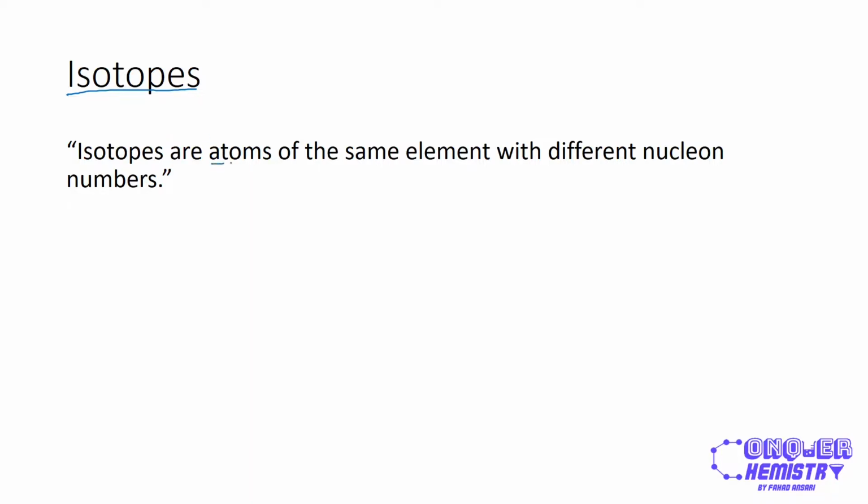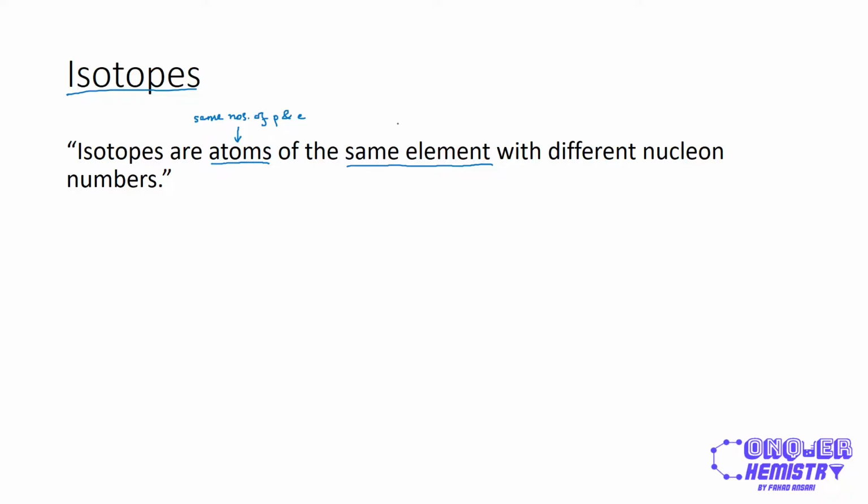It says atoms, and the word atom implies that we have electrically neutral particles, which means that the total positive charge and the total negative charge will be equal. So this means that the same numbers of protons and electrons will exist in these atoms. Now these are atoms of the same element.